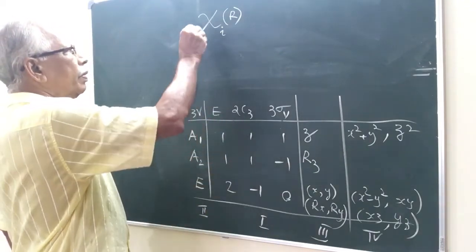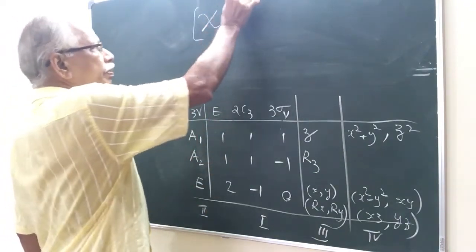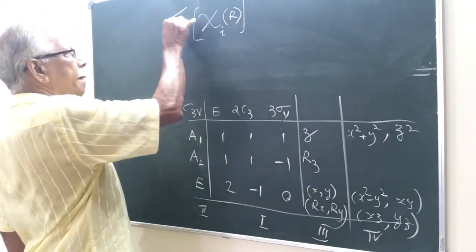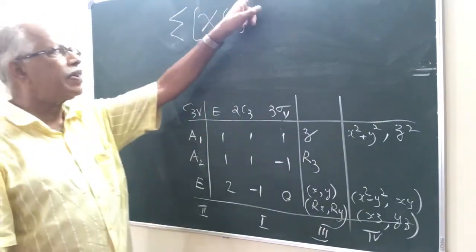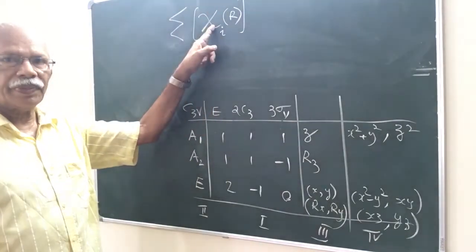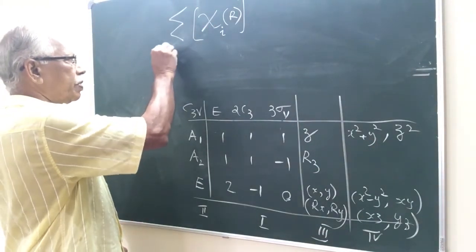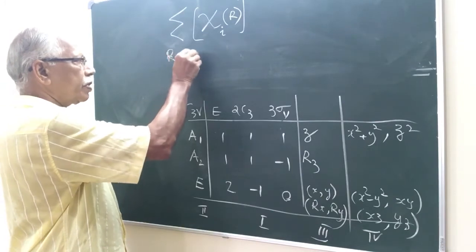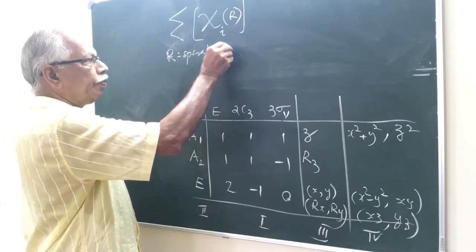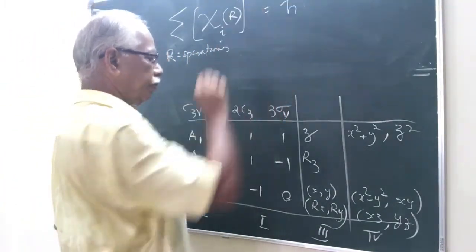And we have to square it and add. So the sum of the squares of the characters for any irreducible representation over all the operations will be equal to h.